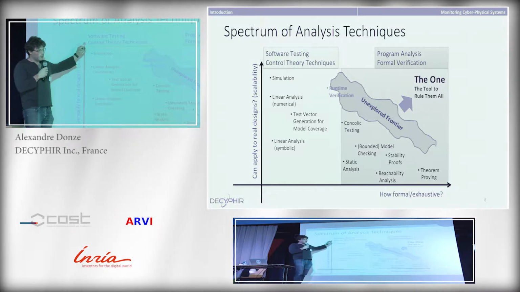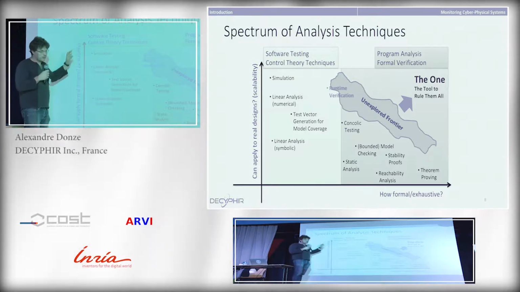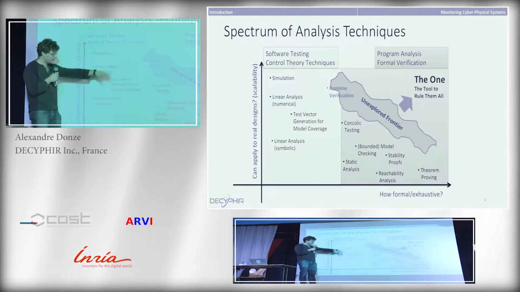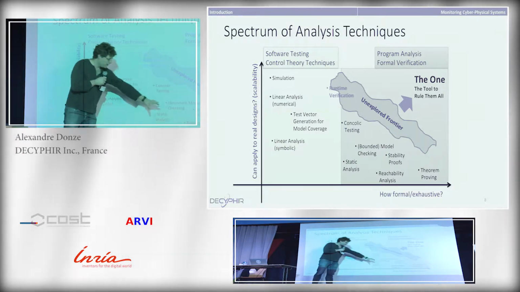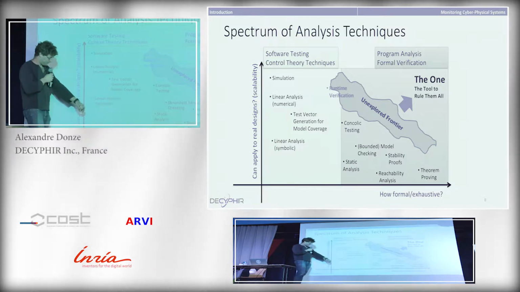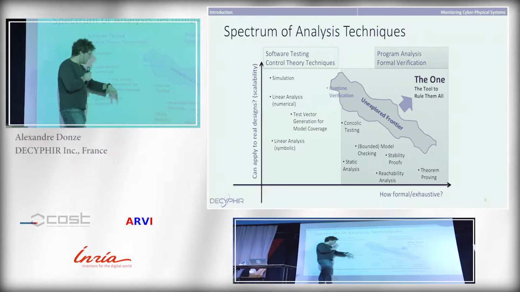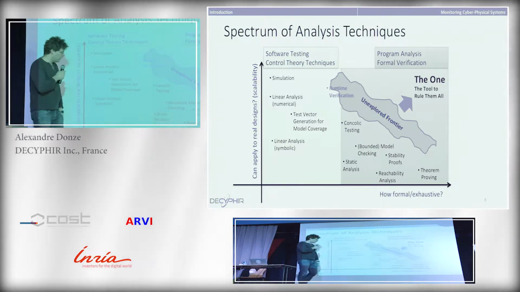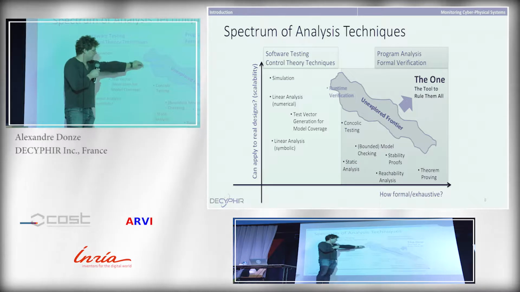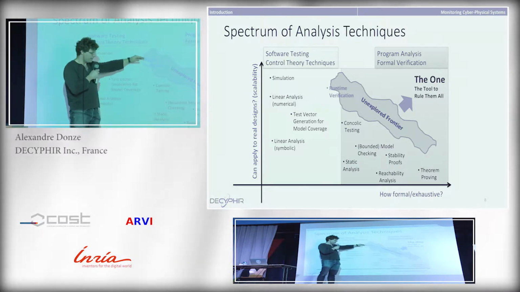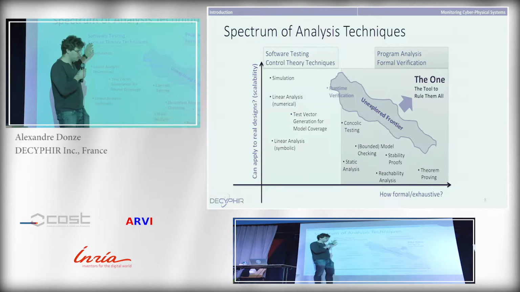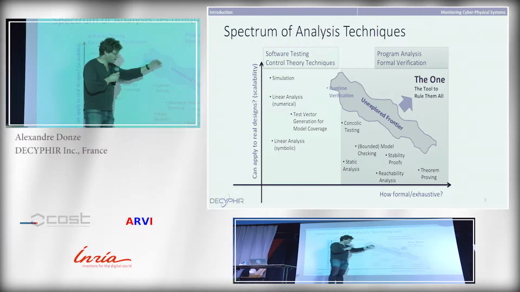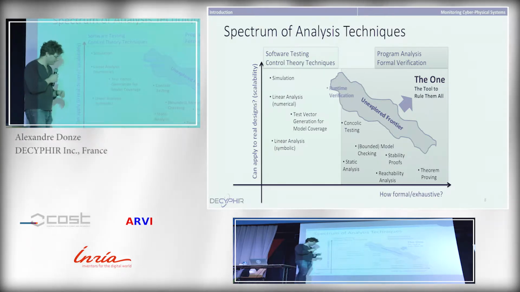You can do it with mostly everything, but you don't prove anything. And now there's a whole landscape of different analysis techniques that try to be more formal or more exhaustive. I've put runtime verification somewhere here in the middle, where it's still highly scalable because it's not so far from simulation and testing, and there is some formality in it, some formal aspects.